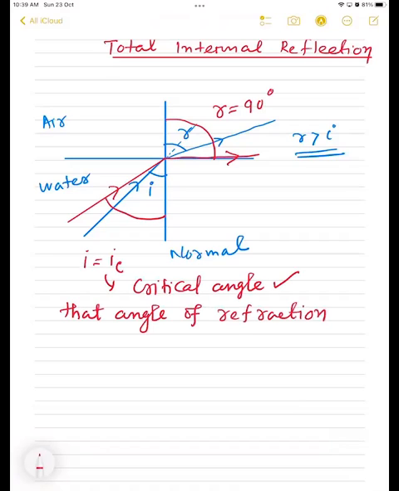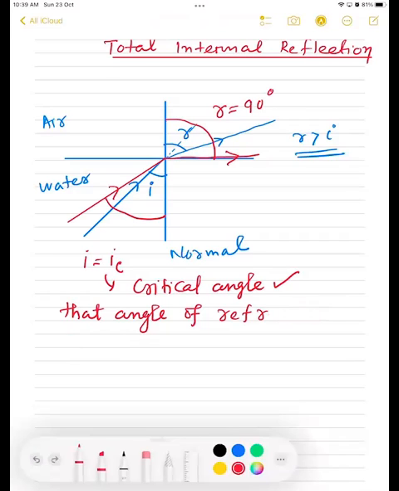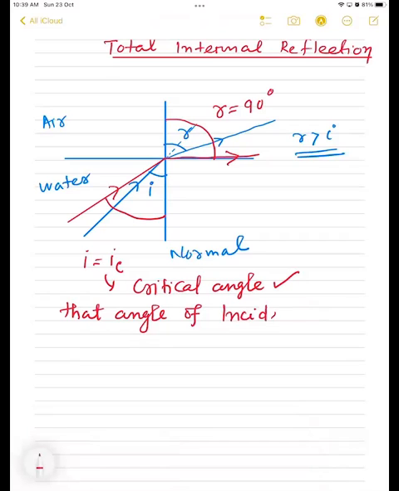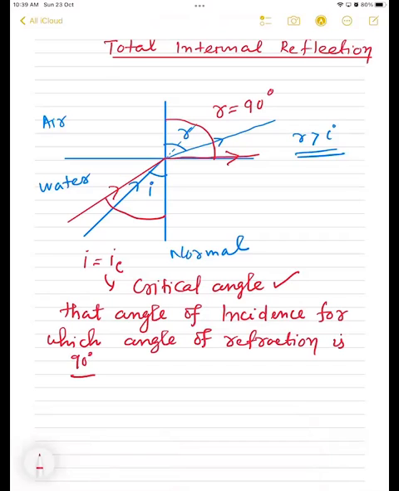That angle of incidence for which the angle of refraction is 90 degrees. Understood, na students? Understood critical angle, right?